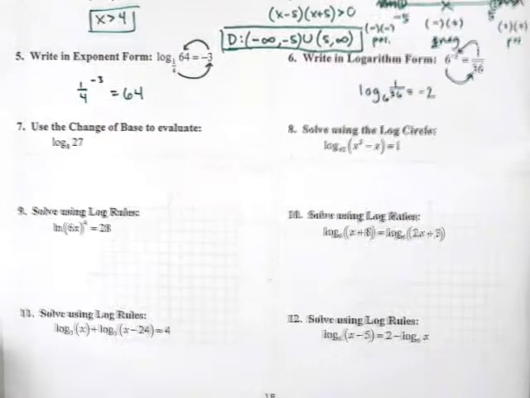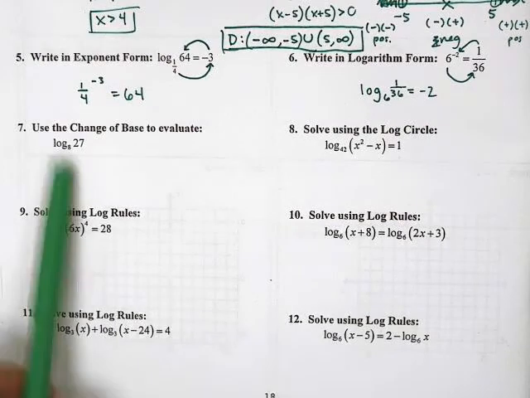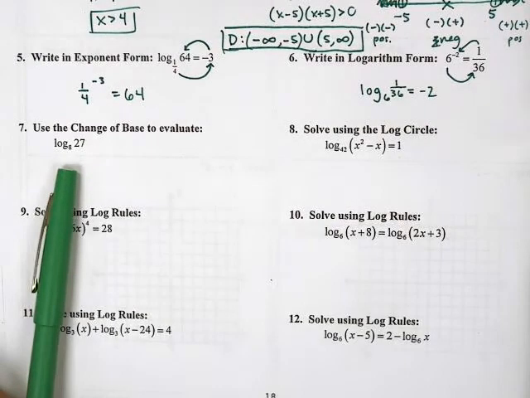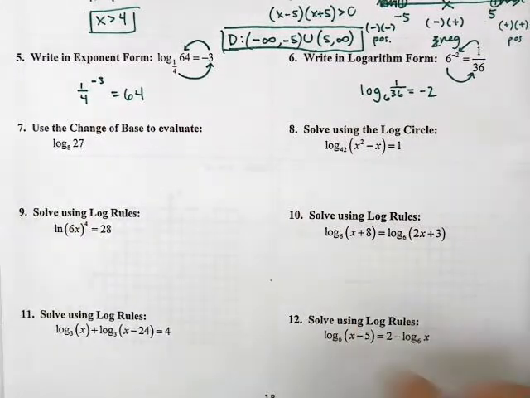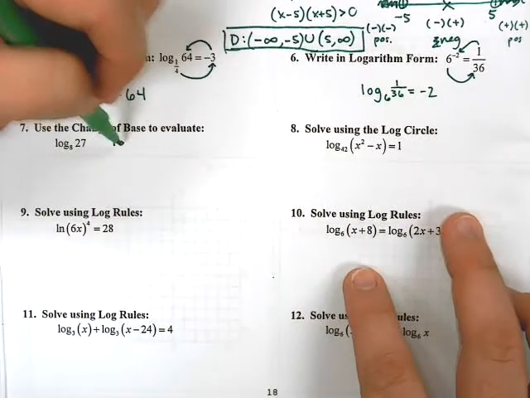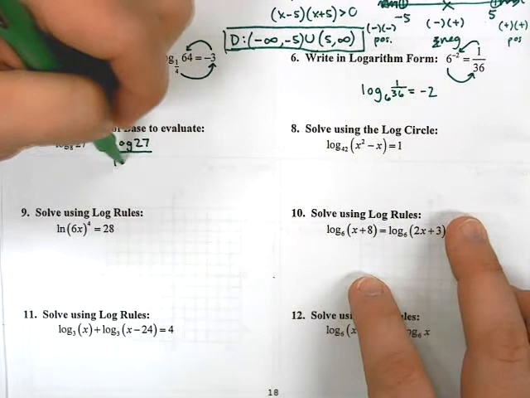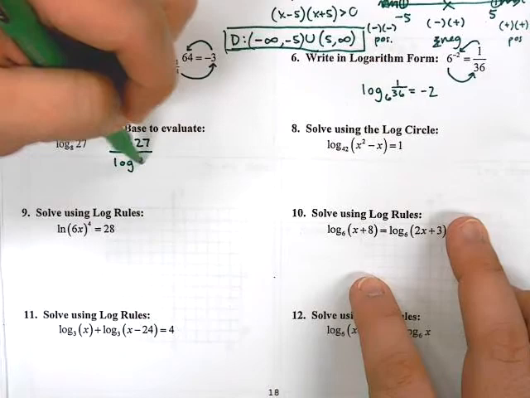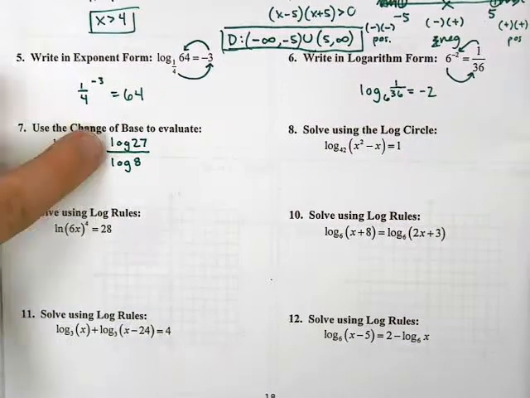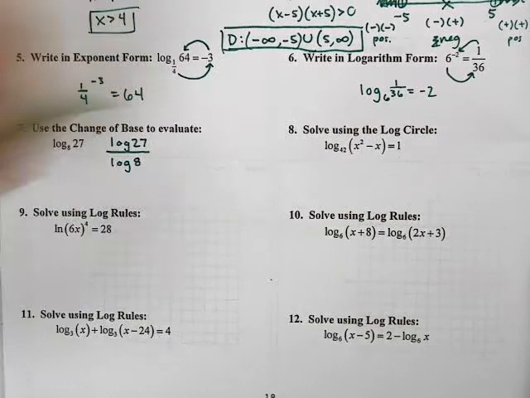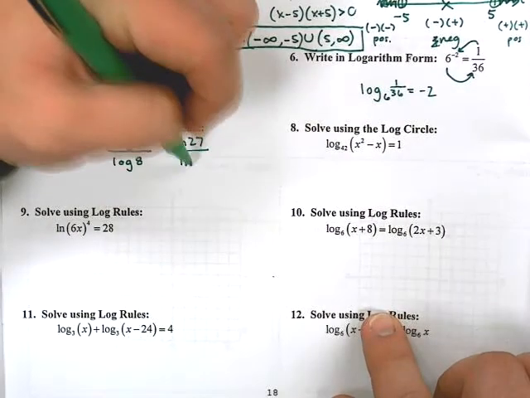Using change of base, hopefully we remember that when we see something like this, we can't really just put that into the calculator. We need to use the change of base, which basically just means that you take the log of the argument over the log of the base. Alright, so something like that. Could you use ln? Sure. If you wanted, you could use ln 27 over ln 8.